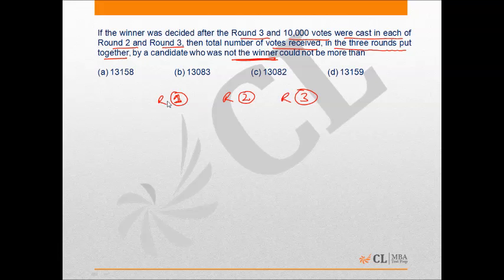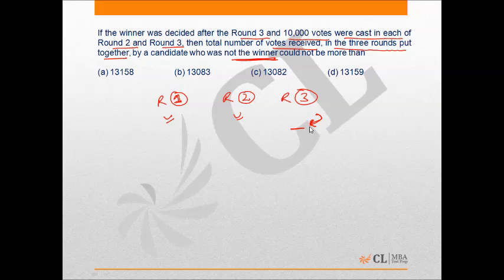In order to calculate the maximum number of votes, I will make that candidate the winner in round 1. Winner means the candidate who got the maximum number of votes in round 1, and the maximum number of votes in round 2, and the second highest number of votes in round 3.